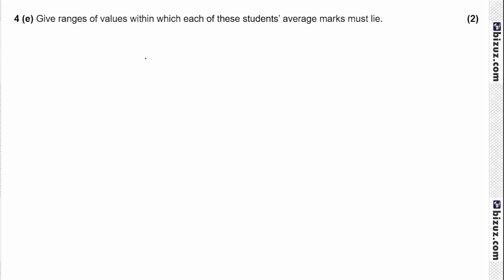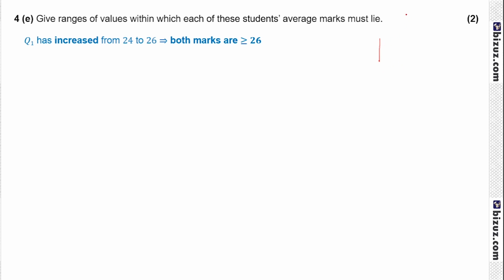So let's analyze the changes and see how that affects where these marks must lie. First thing, Q1 has increased from 24 to 26. This implies that, okay, it would be better if I just draw a small diagram here. So suppose the Q1 is at some position like this.